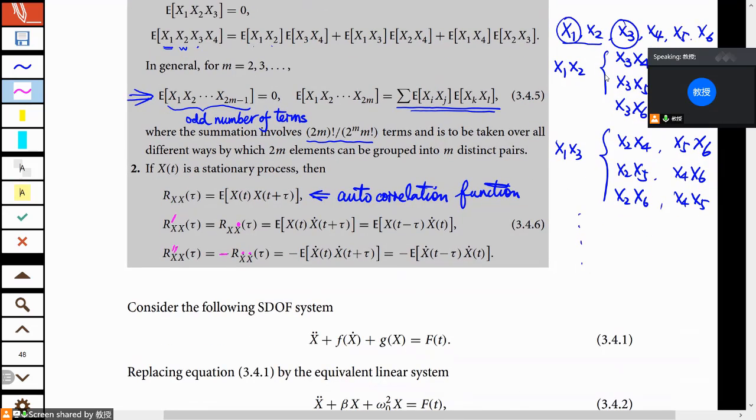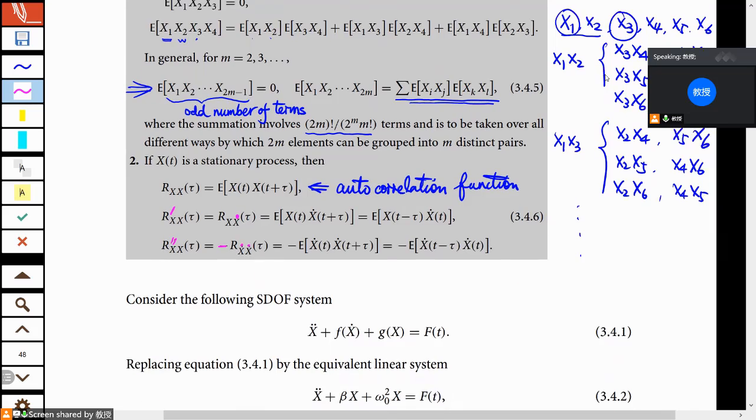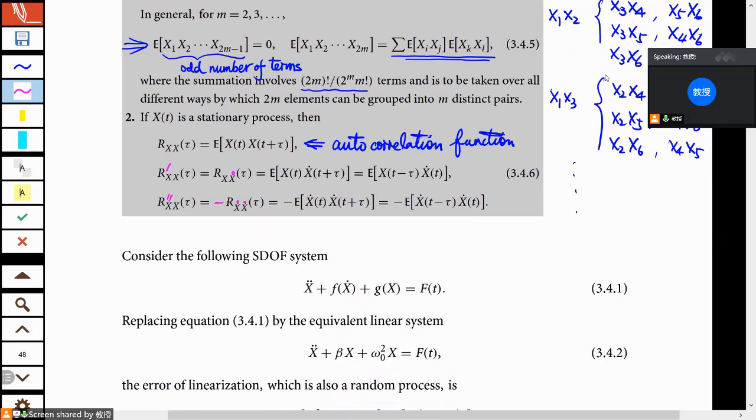Okay, so now let's look at a simple example to introduce the method of equivalent linearization. Here we have a single degree of freedom system. So this is a second order differential equation. Here x dot is the velocity, so we have nonlinear damping.